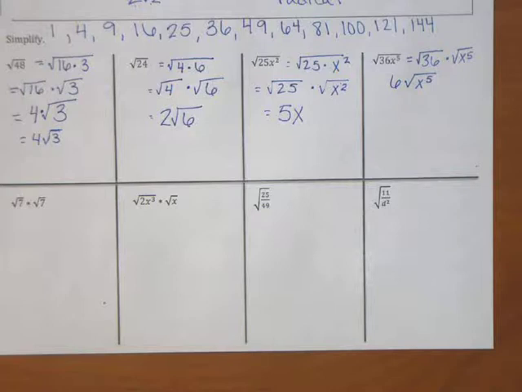Because what times itself gives me x squared? x. What times itself gives me x to the 4th? x squared. What times itself gives me x to the 6th? x cubed. How are we figuring that out?